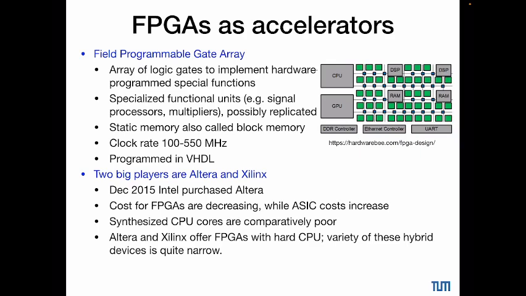The clock rates are not really impressive compared to the standard processors that I showed you, which run in the gigahertz. This is much slower, but you actually do only what you really need to do, and by that these FPGAs are very efficient. So programming is done in VHDL typically.